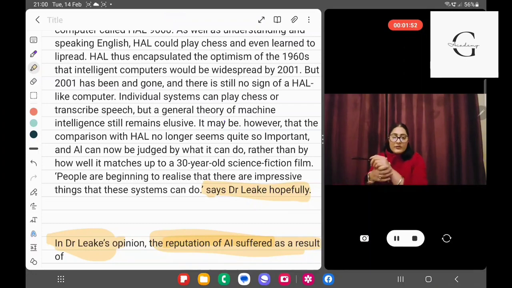It may be, however, that the comparison with HAL no longer seems quite so important, and AI can now be judged by what it can do rather than by how well it matches up to a 30-year-old science fiction film. People are beginning to realize that there are impressive things that these systems can do. So people realize that there are impressive things that these systems can do.